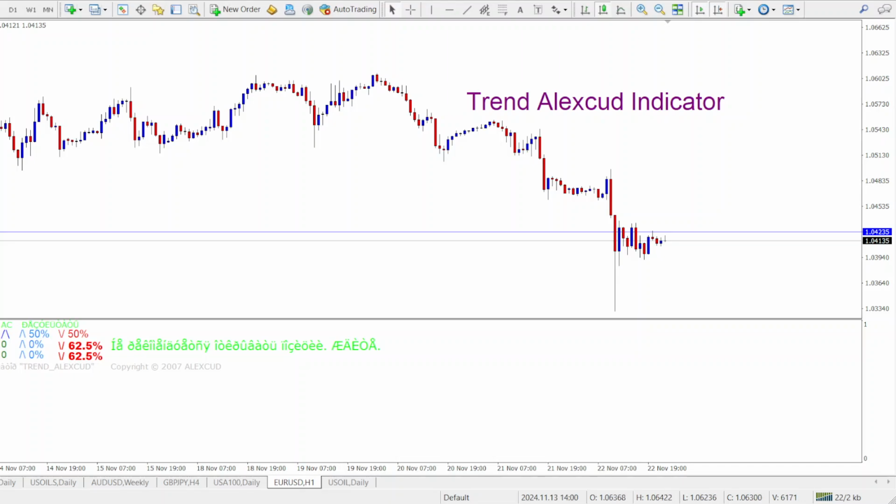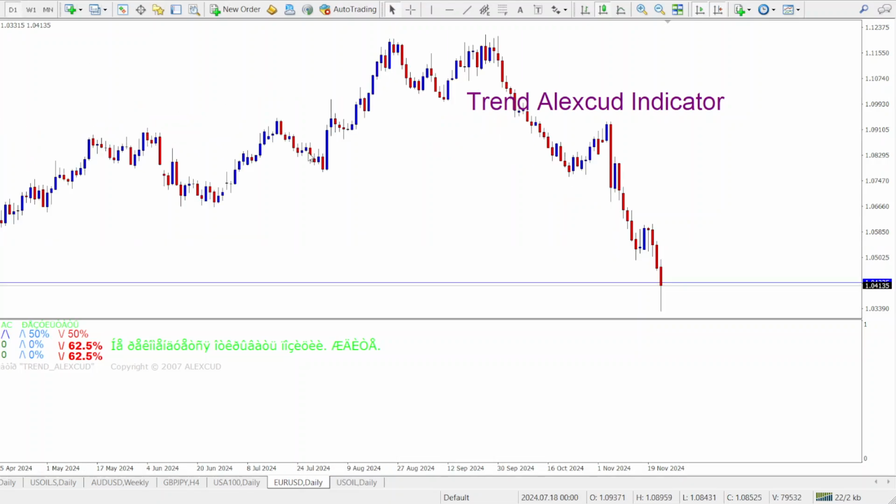The percentage of the signal is telling us 50% for the downward arrow. Then on the 4 hours, we have an even higher percentage, 62.5%, and on the daily time frame, we have 62.5%.